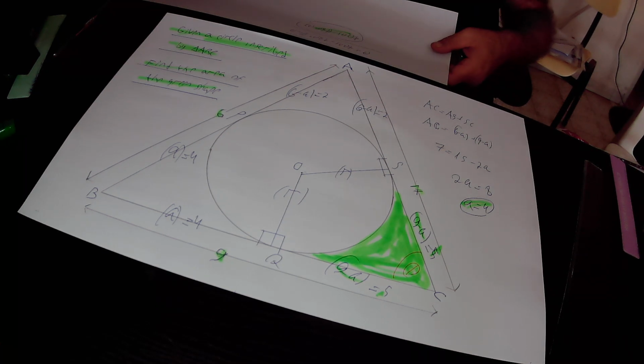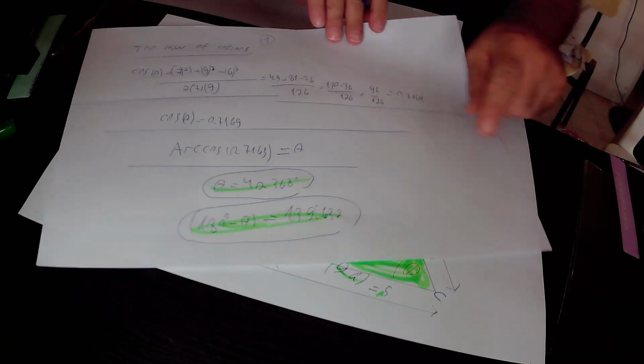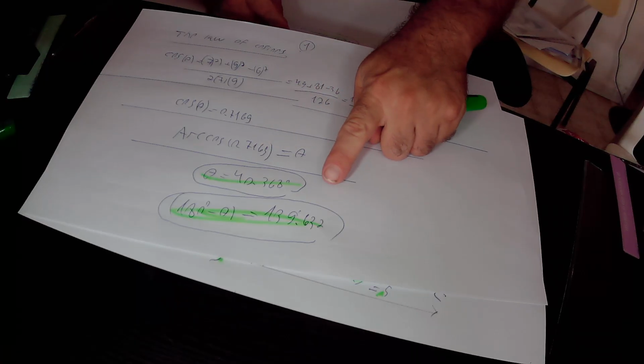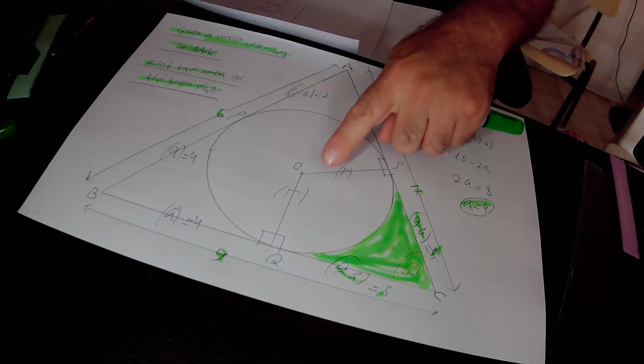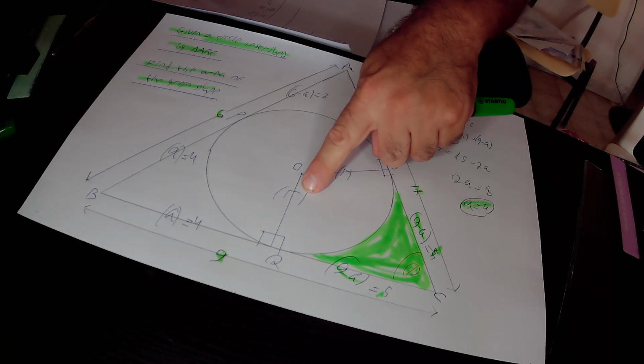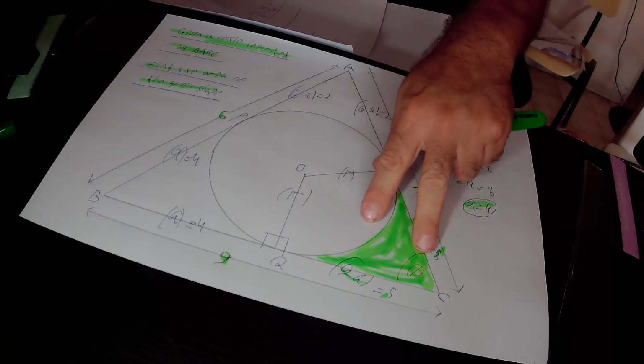But we already found out that 180 degrees minus theta equals 139.632 degrees. So this angle, 180 degrees minus theta, is equal to 139.632 degrees in its size.